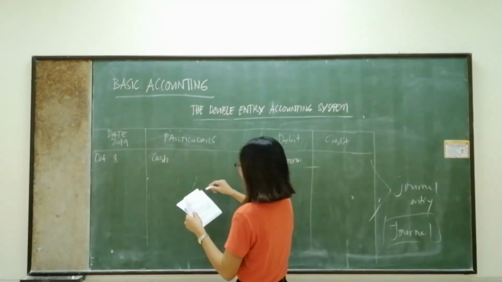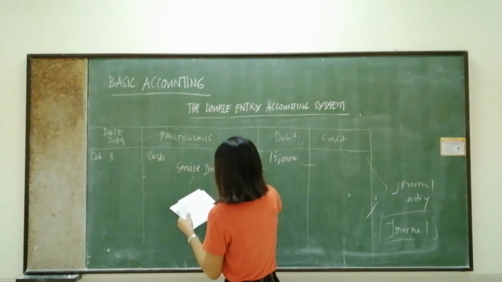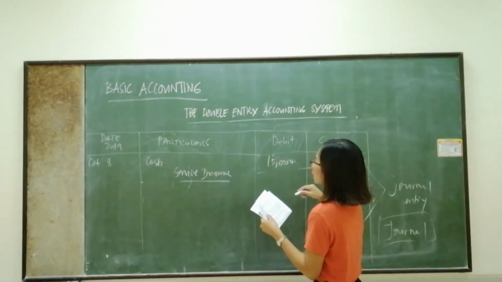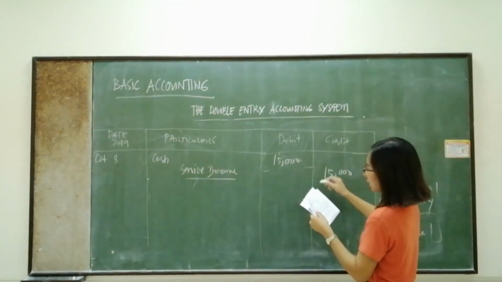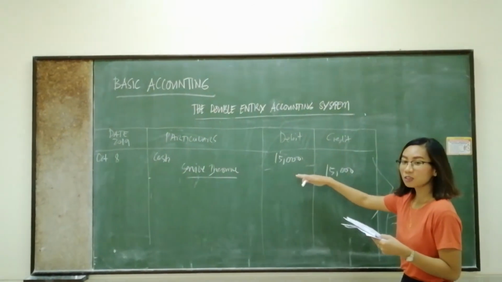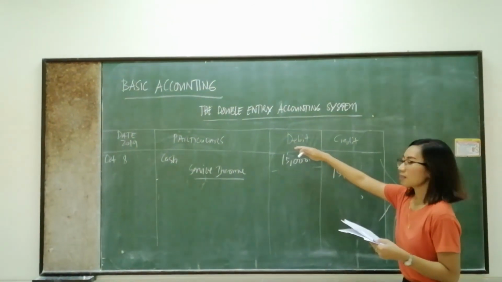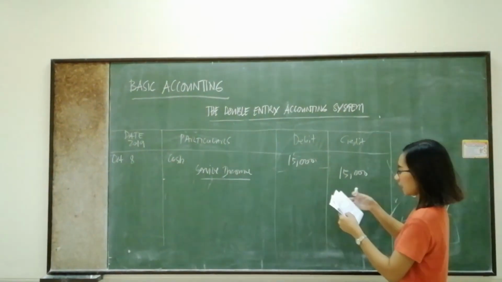So to increase revenue, credit service income 15,000. So don't forget that the amount of debit should equal credit.